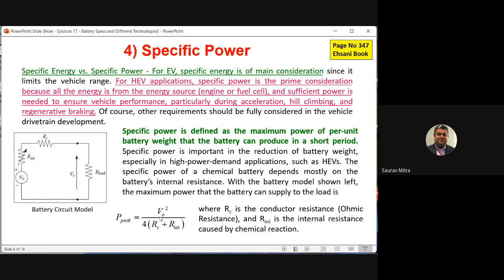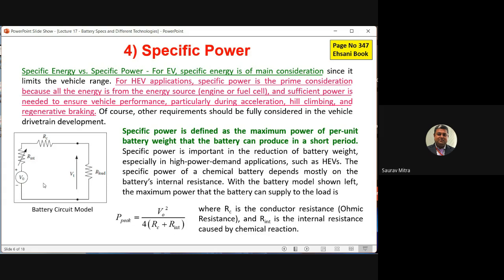So hence, you could write VO square divided by 4 into R load, not square. Okay, so VO square divided by 4 into RC plus Rint, or VO square divided by 4 into R load. Because we know for maximum power transfer, RC plus Rint should be equal to R load for maximum power to be transferred from source to the load.